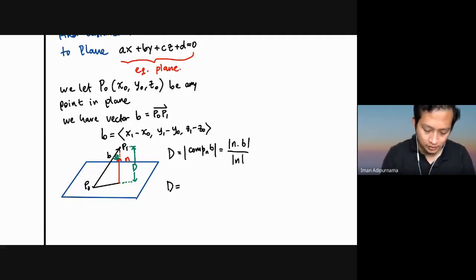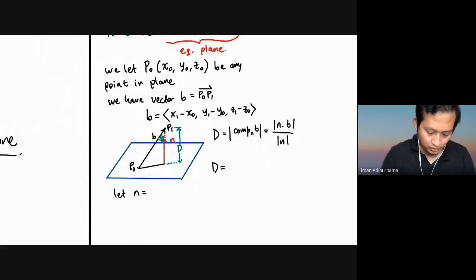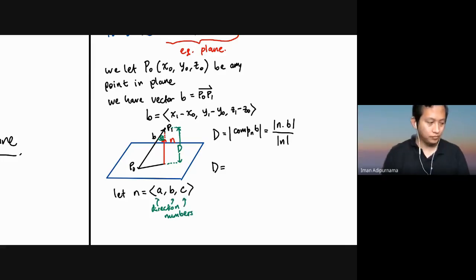And let N, let me write N here, let N be a vector with a, b, c as direction numbers. So remember, this is direction numbers. So a, b, c is direction numbers.